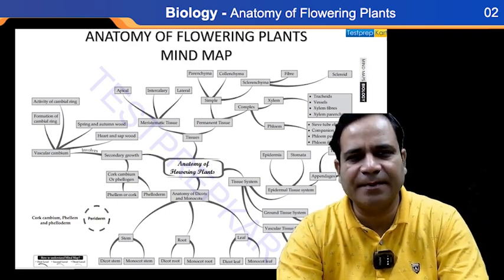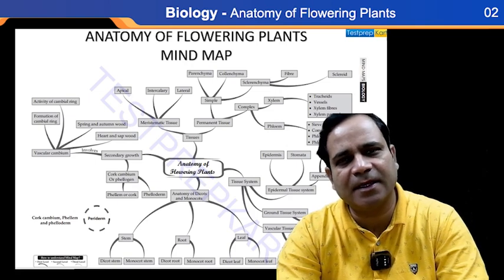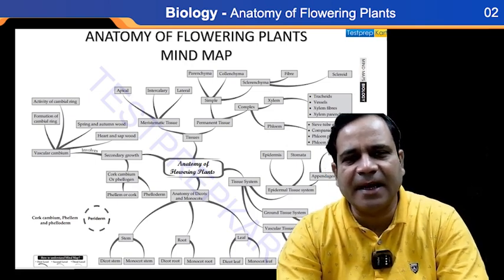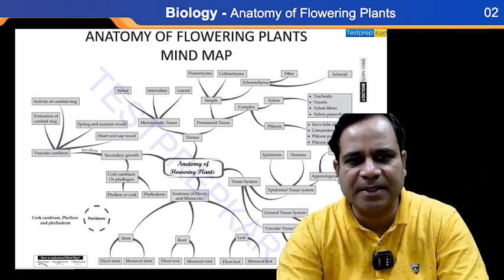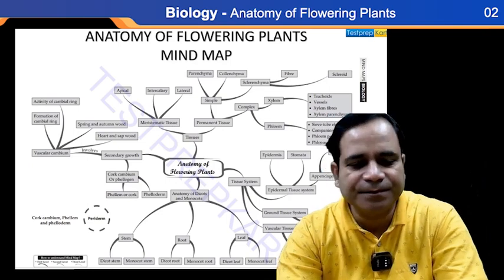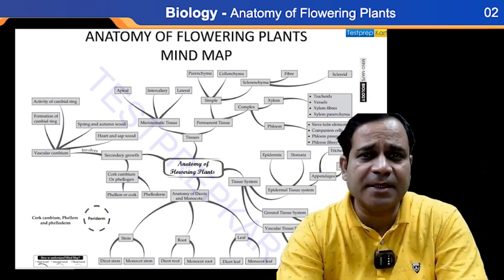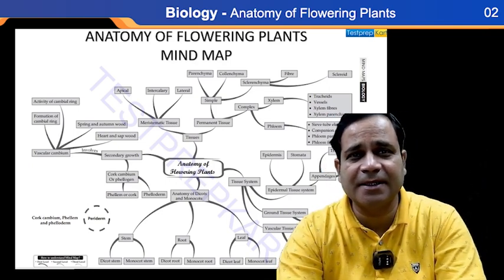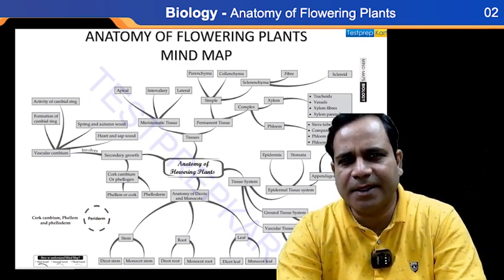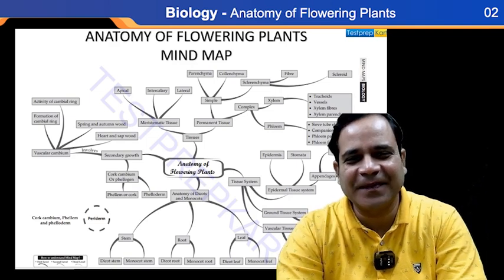Okay, so let me first start with the term anatomy, then we proceed to everything else. In this mind map, first we have to discuss tissue. Before we start tissue, it is very important to know what tissue is. If you don't know, let's see.